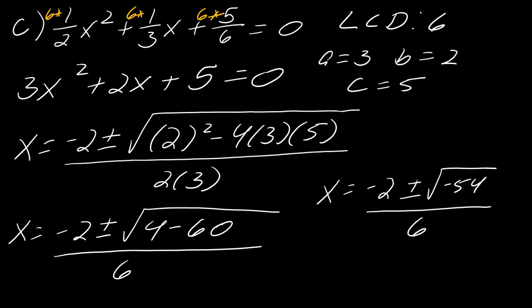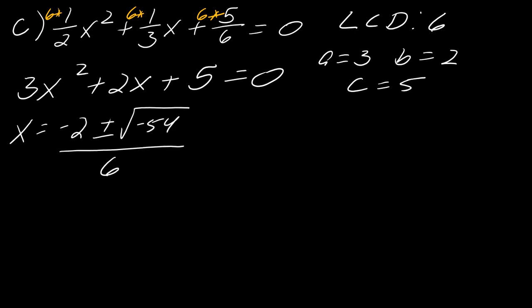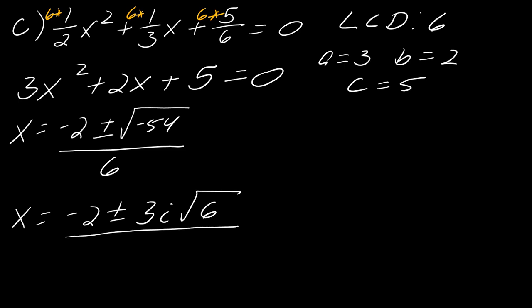Let's see, I could use some more space. Okay, so the largest perfect square that goes into 54 would be 9. So this can actually turn into -2 plus or minus 3i times the square root of 6 over 6. And then I can break this into two separate fractions.